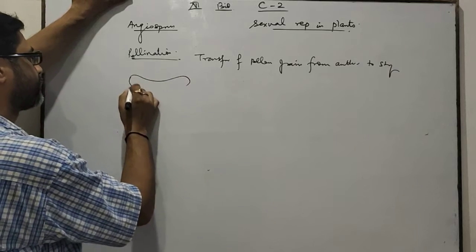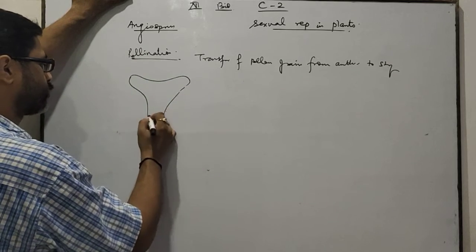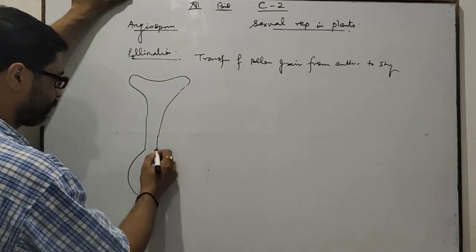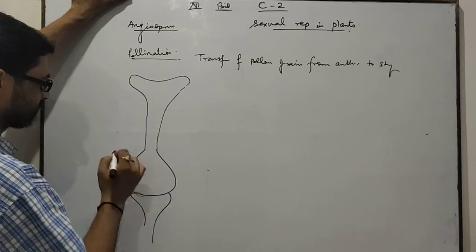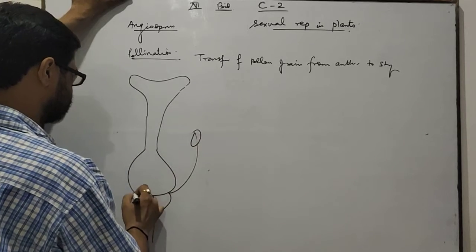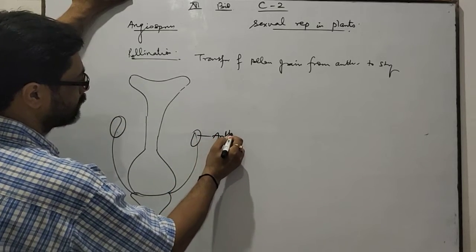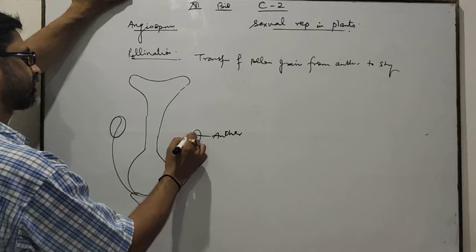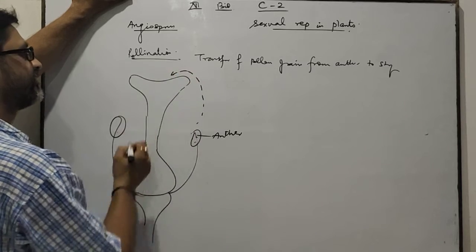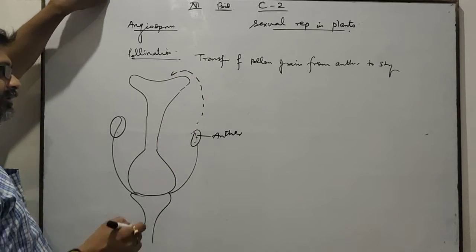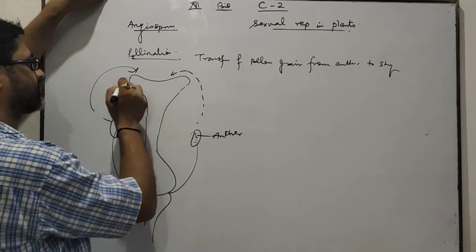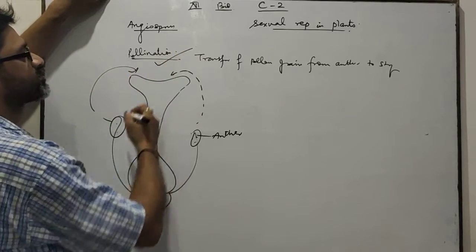You know that pollen grains are produced in large number. This one is anther. Anther produces a large number of pollen grains which are transferred to stigma. This transfer of pollen grains from anther to stigma is called pollination.